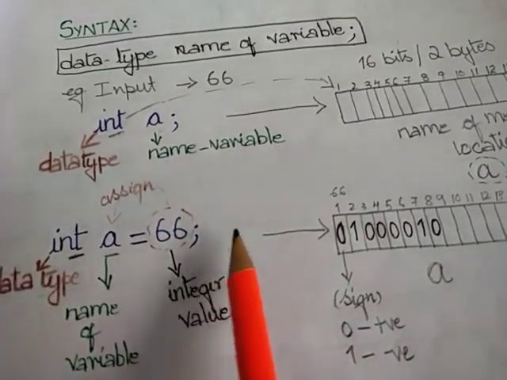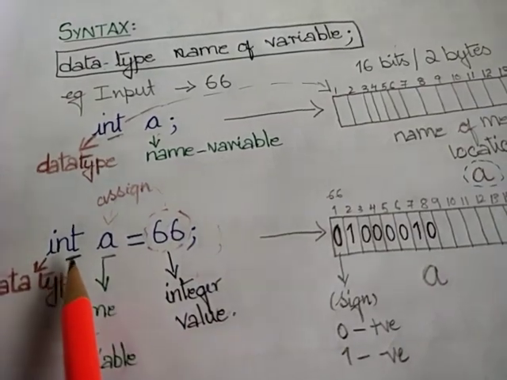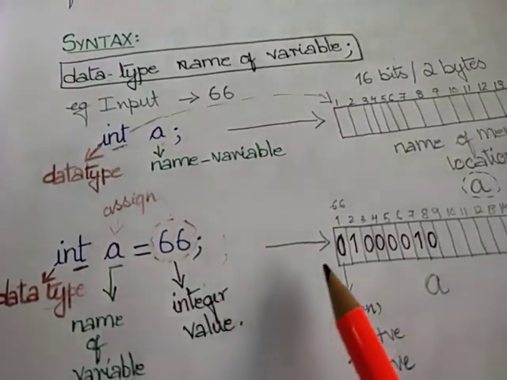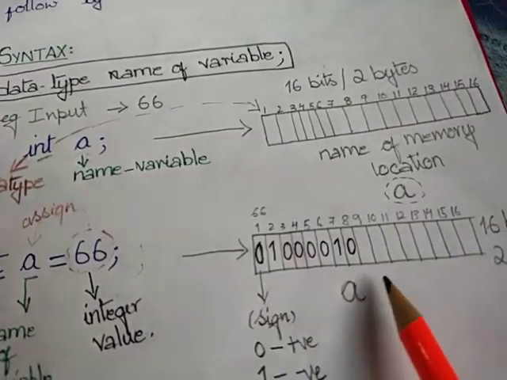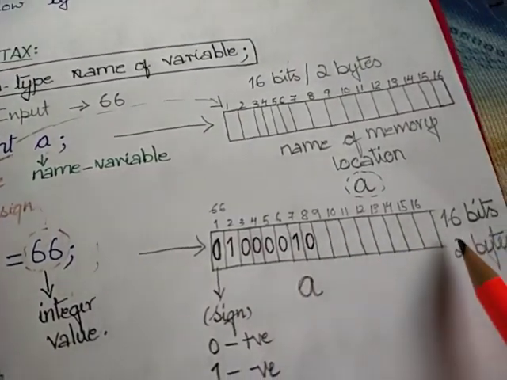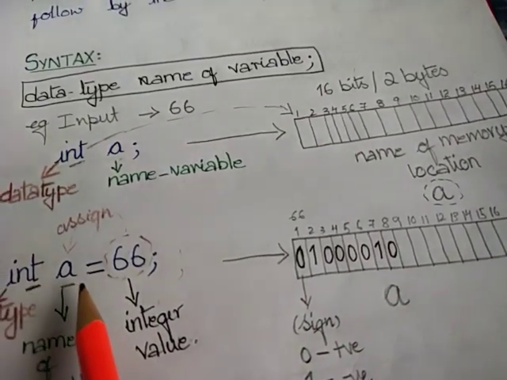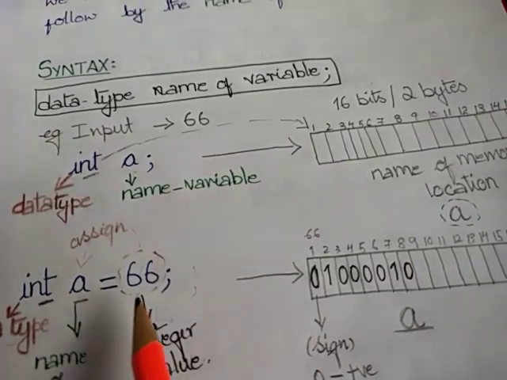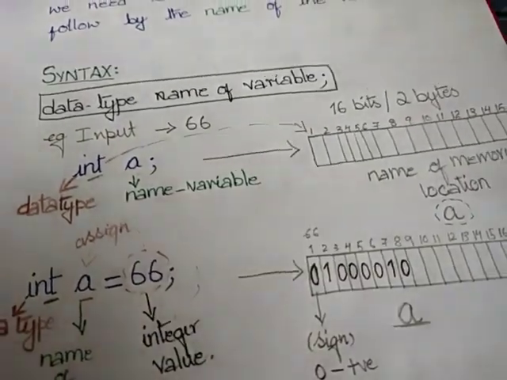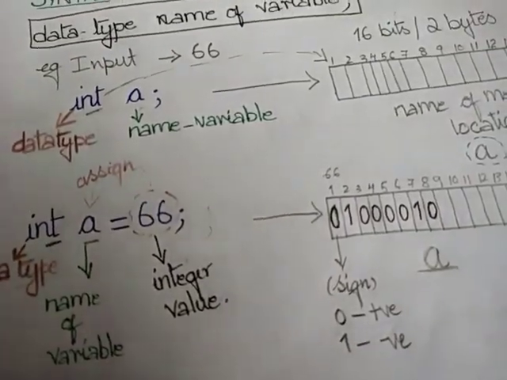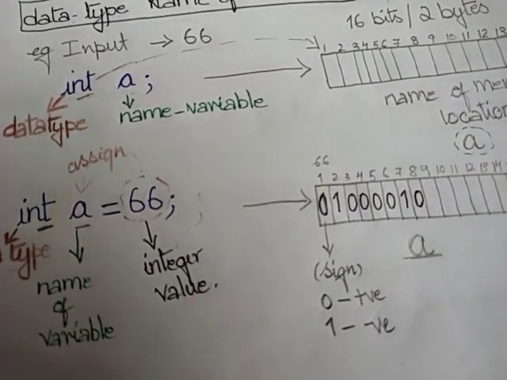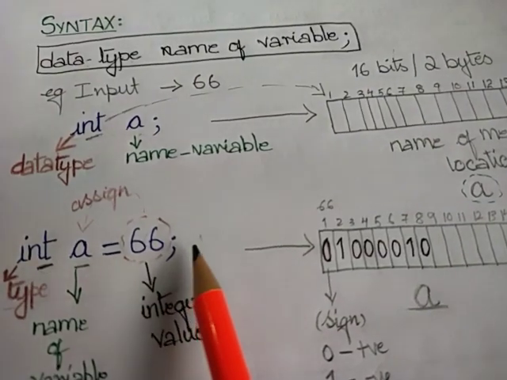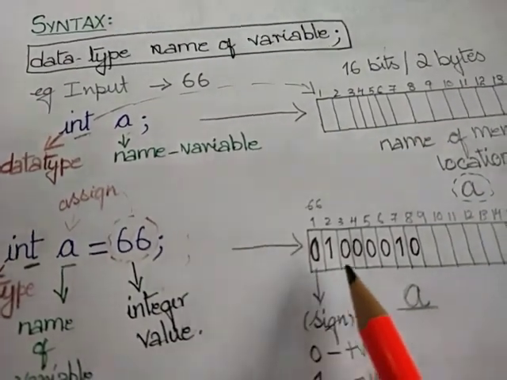Therefore, in this declaration, first and foremost, the data type int will reserve the memory space in the computer, 2 bytes, and the name of this space will be a. And then this value 66, like I mentioned in the previous class, will get converted to machine language or binary numbers. Therefore, the binary value of 66 is what?